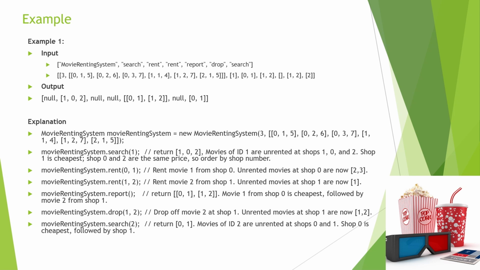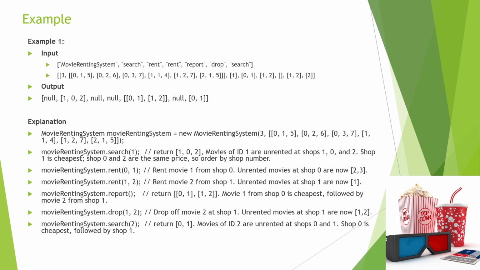Shop 0 has movie 2 with price 6. Shop 0 has movie 3 of price 7. Shop 1 has movie 1 with price 4. Shop 1 has movie 2 with price 7. Lastly, shop 2 has movie 1 with price 5.